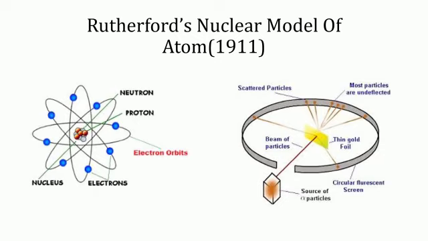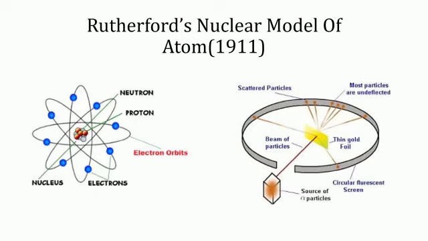Means, if we consider J.J. Thomson's plum pudding model of atom, which is made up of positively charged particles distributed all throughout the atom and negatively charged particles embedded in it, then the alpha particles would have reflected back after striking the positively charged particles. But that didn't happen. Most of the alpha particles went straight through the foil.